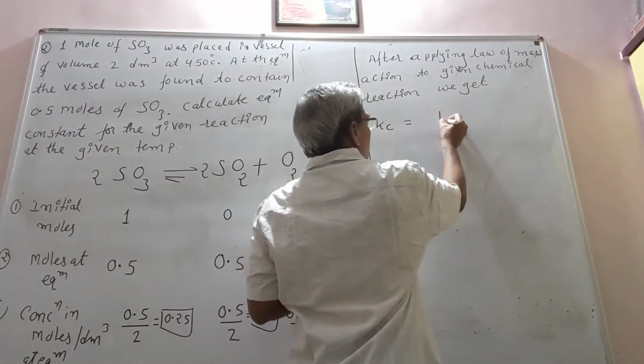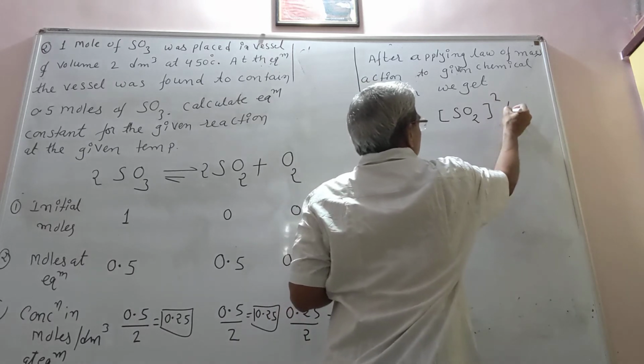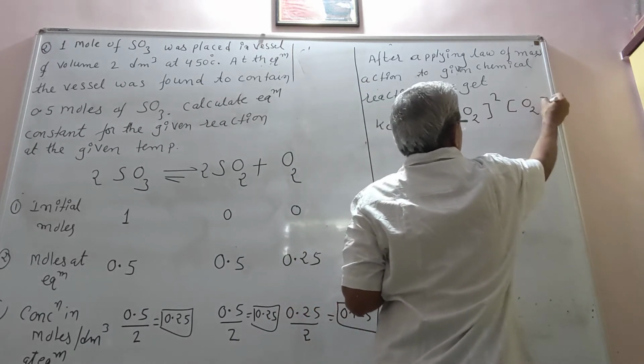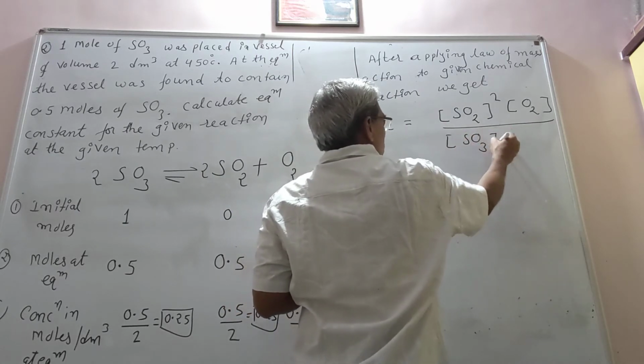Therefore, the active mass of SO2 raised to 2, times the active mass of O2, upon the active mass of SO3 raised to 2.